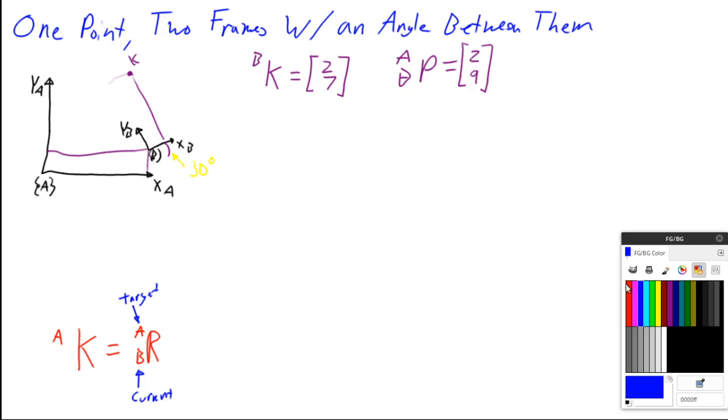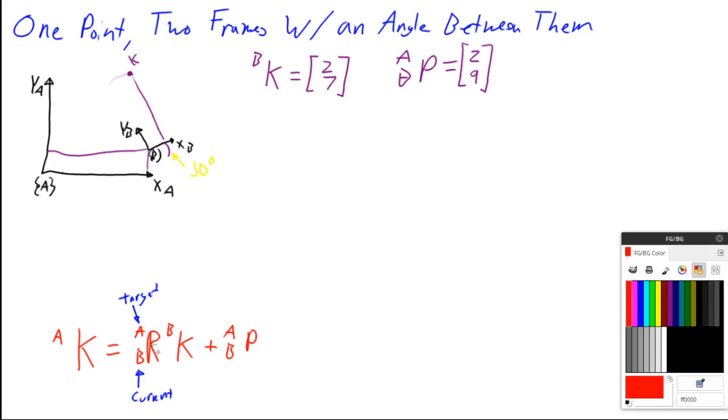So we're going to multiply this by the point BK, or K in frame B. And then, of course, we're also going to have to add our position offset, which in this case I'm just denoting as this. Like I said, this isn't quite right. Normally we don't have this B here, but I do it just because it makes sense.